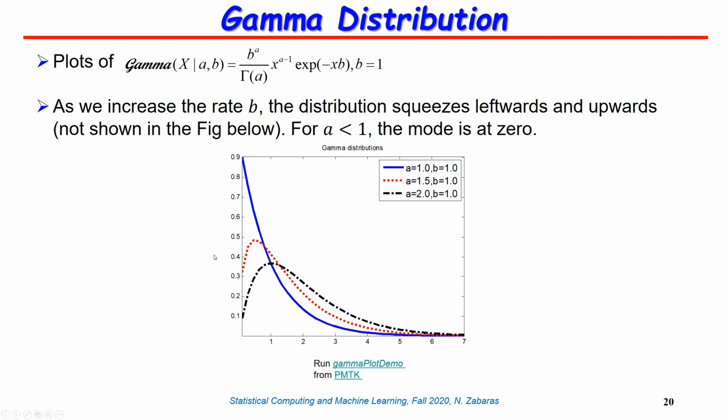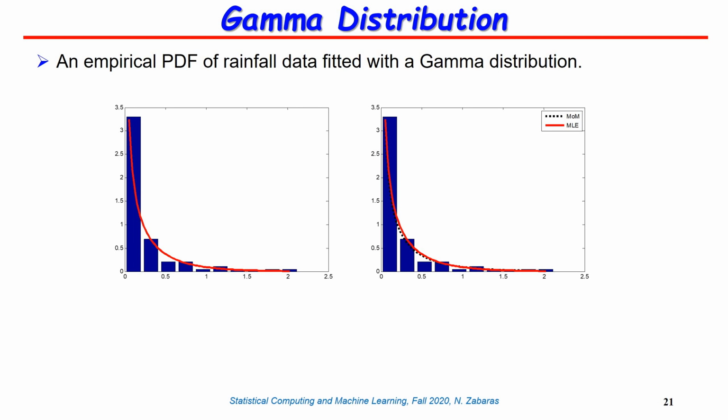The distribution basically moves leftwards and upwards as beta increases. Okay, and here is another plot of realistic data corresponding to some rainfall data. This is a typical example coming from textbooks that is using the gamma distribution to fit this data.